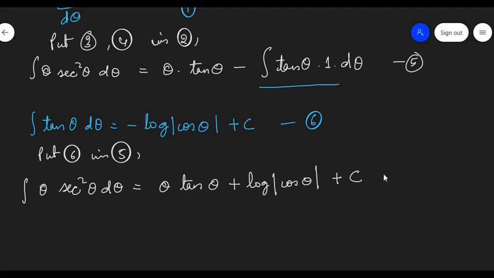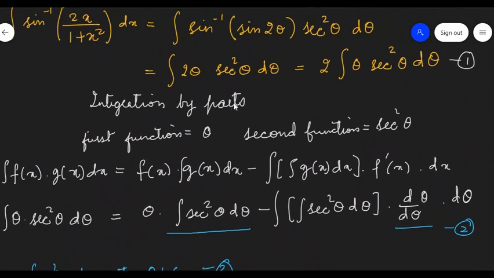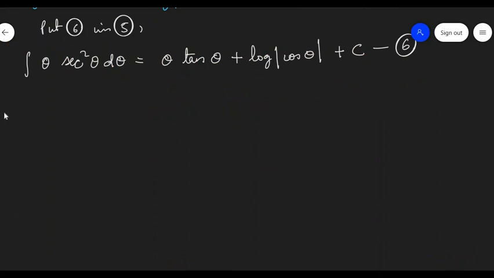So first let us call this equation number 6 and put it back in equation number 1. So equation number 1 was this. So original problem is this and we are calculating this part. So let us put the value of 6 in 1.